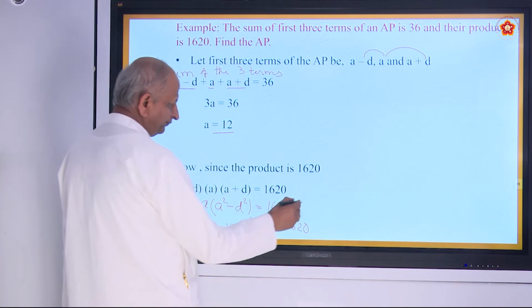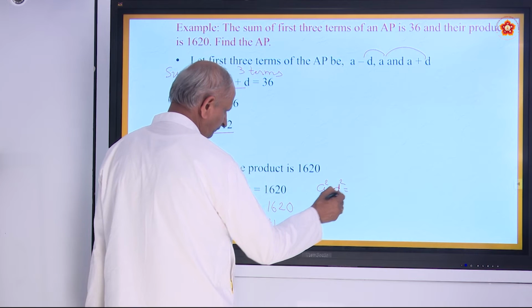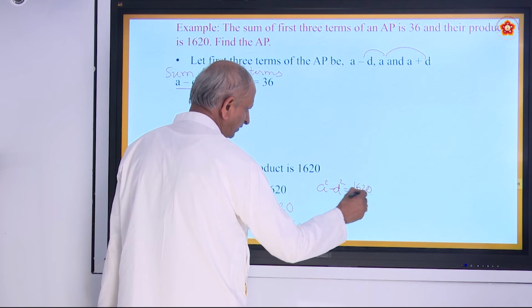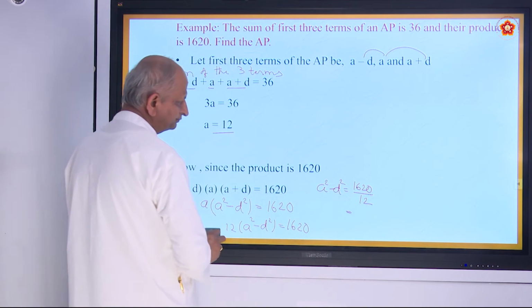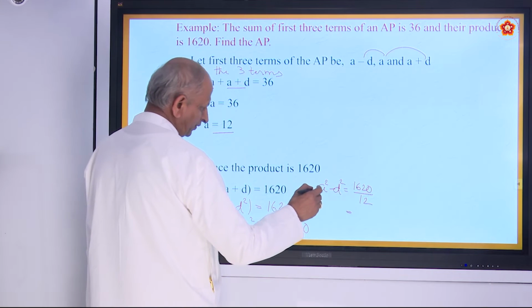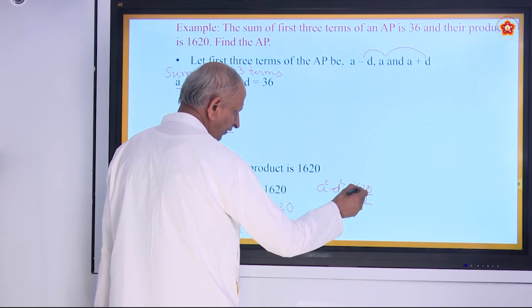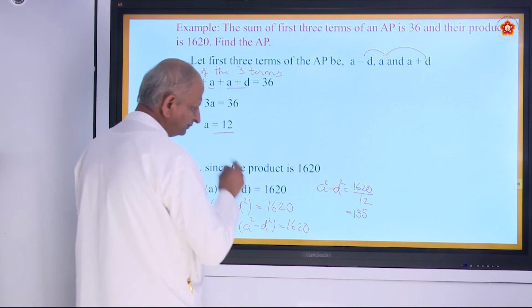So you have A squared minus D squared is equal to 1620 by 12. You will get it as how much? 12 ones are 12, 12 twos are 24, 12 threes are 36, 135.